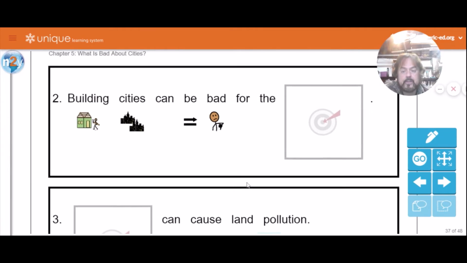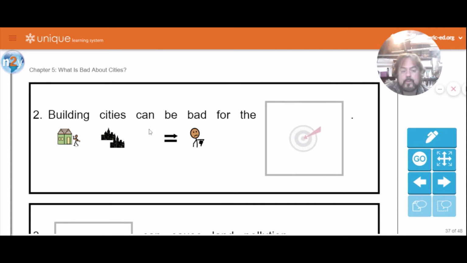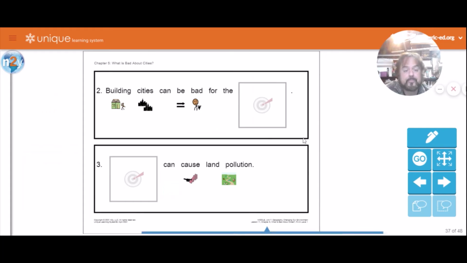Okay, so let's see. Number two. Building cities can be bad for the environment. I'm trying to sound like a sheep there. Bad. I can't really do it. Sorry. Building cities can be bad for the what?